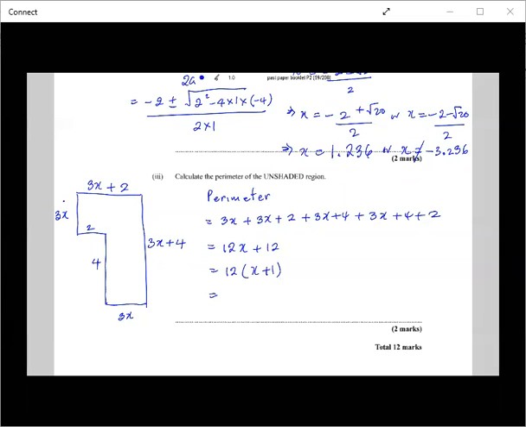So this becomes 12 times x, which is 1.236, plus 1. So the perimeter is equal to 12 multiplied by 2.236.